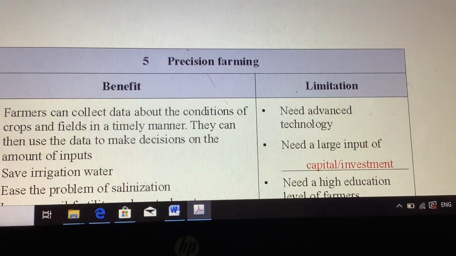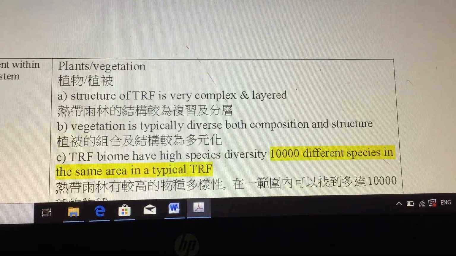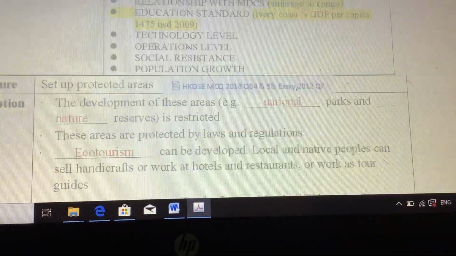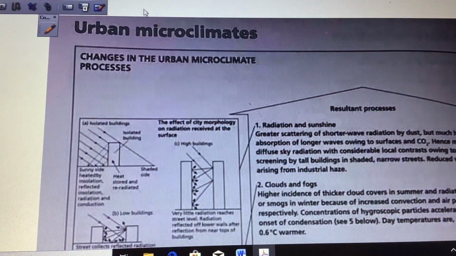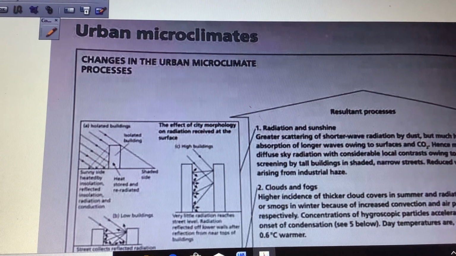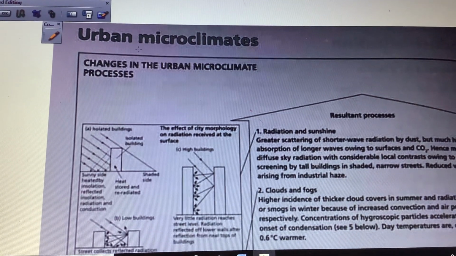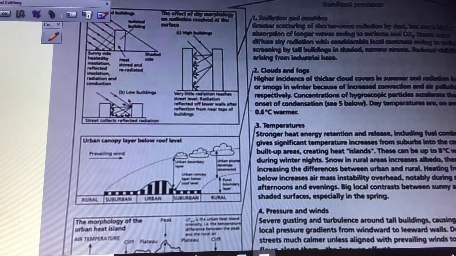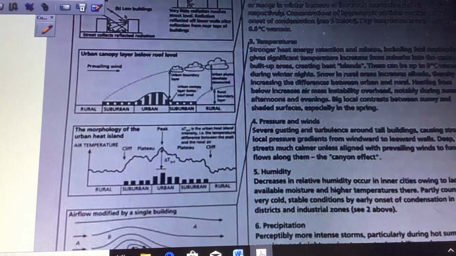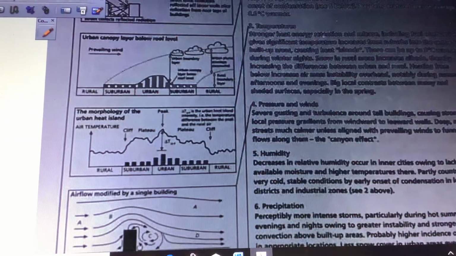Let's see where it is. Chapter 7, right here, page 113. This is about the urban heat island effect, but I haven't told you about it, instead we are calling this urban microclimate. So how come we are having this temperature, humidity, precipitation?